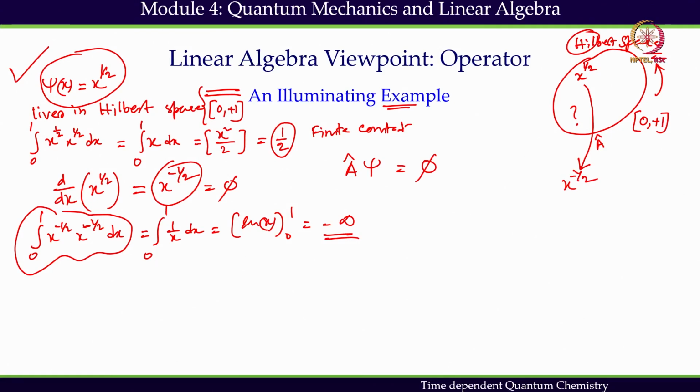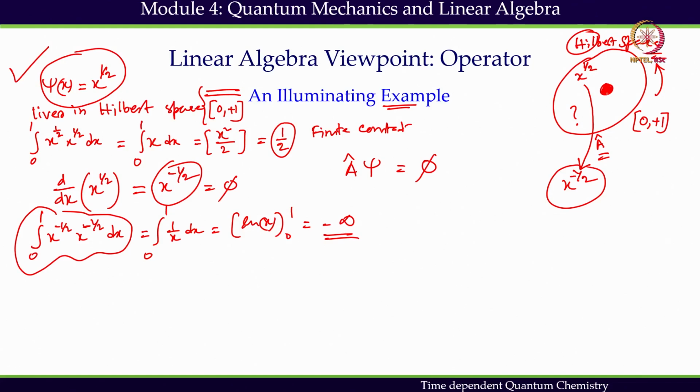This causes a problem, because if a function is going out of the Hilbert space due to the action of an operator, then I cannot use it in the same quantum mechanics. In order to use the wave function in quantum mechanics, I need to have the wave function living in the Hilbert space all the time, no matter what operator acts on it.